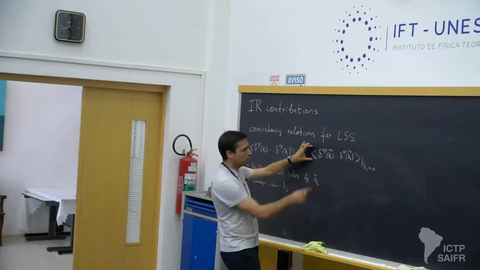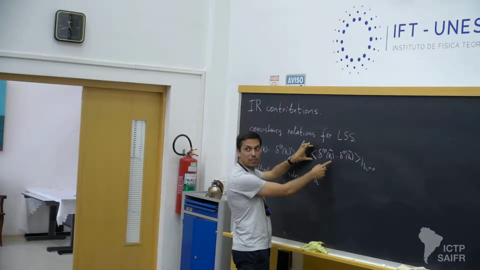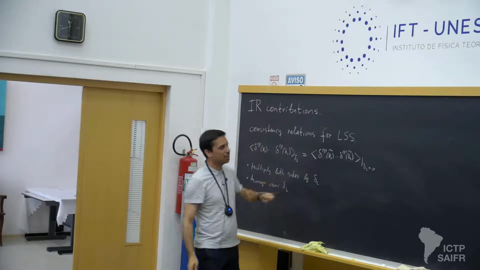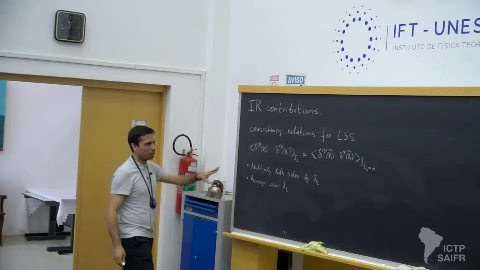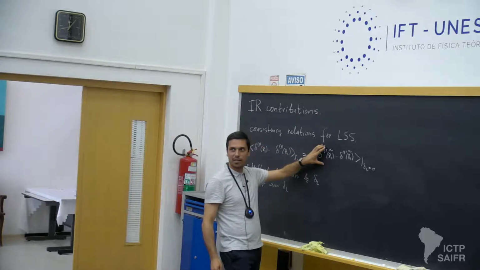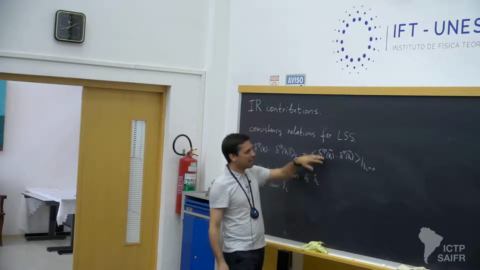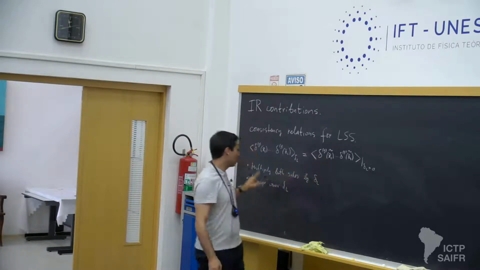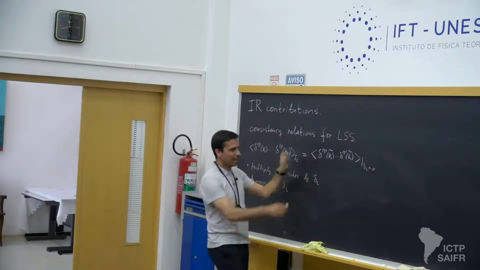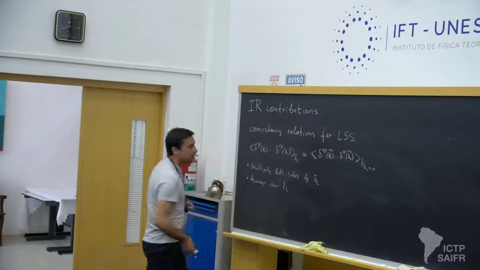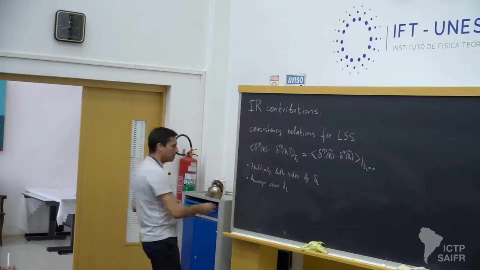Here, when you do it, you can first expand this coordinate transformation because each delta x here is proportional to the long mode. And when you do this expansion, you're going to find that you have some term which does not depend on the delta long, which goes to 0 when you average over delta long. And then there is another one where you have linear in delta long, and when you multiply by delta long, the average gives you one power spectrum. So the final result is something like this.